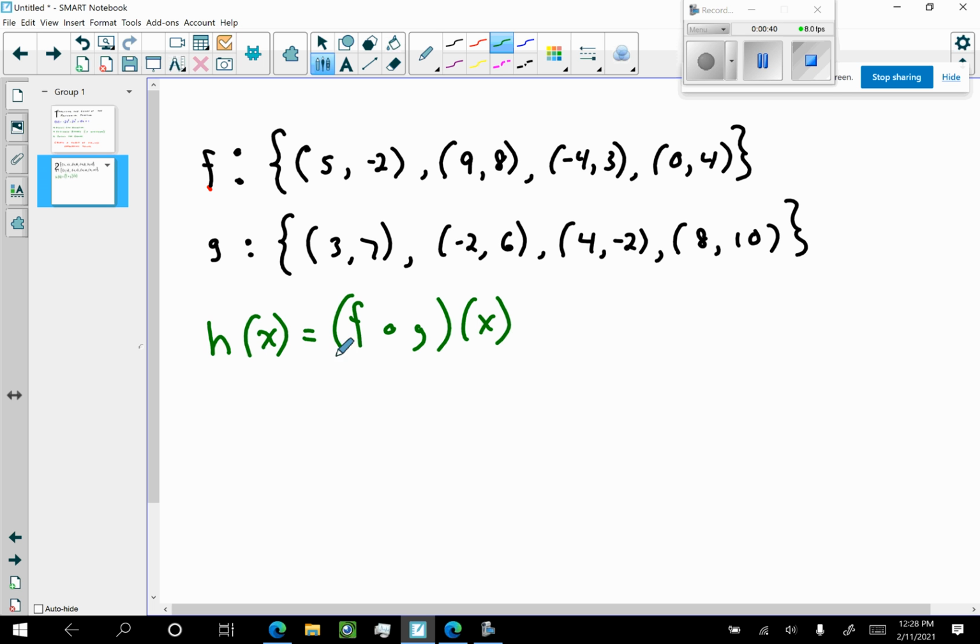And this notation is going to help us understand this problem. And we know that f circle g of x is the same as f of g of x.